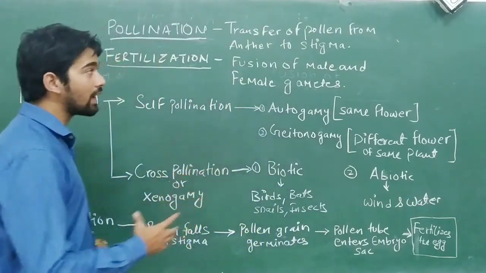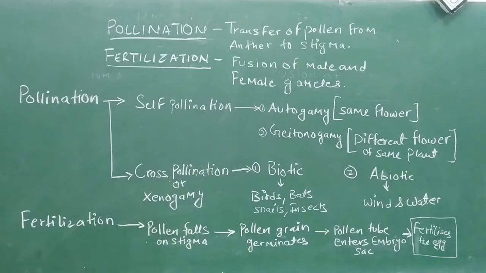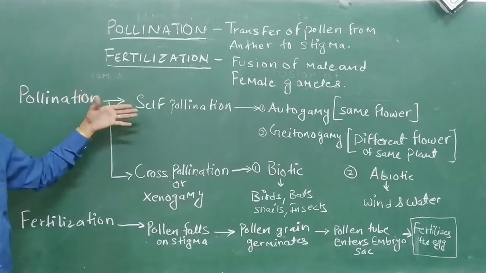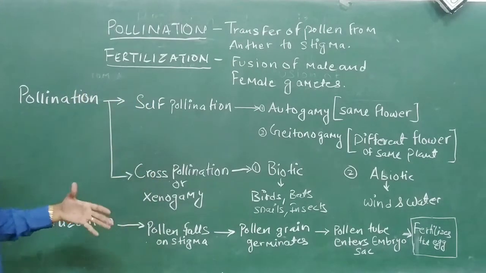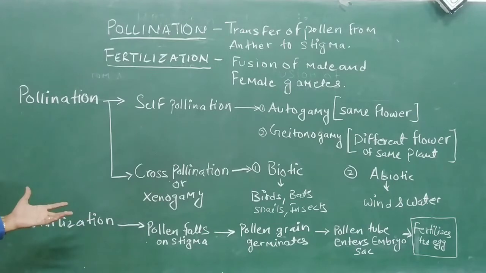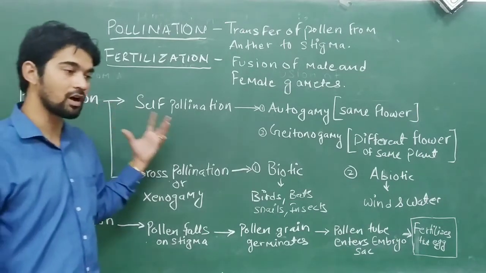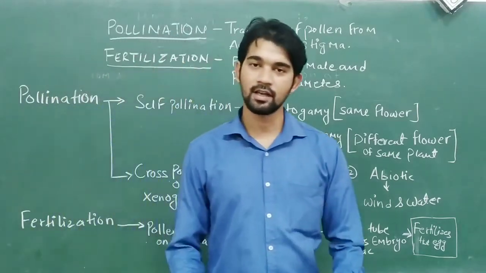So you can look at this once again, how it's happening, and keep this flow chart in mind, because this is very helpful and this is going to create a memory inside your brains, and you will remember this. Because in this chapter, pollination and fertilization is the starting point. After this, we are going to cover how the seed is formed, because it is the end result of fertilization.